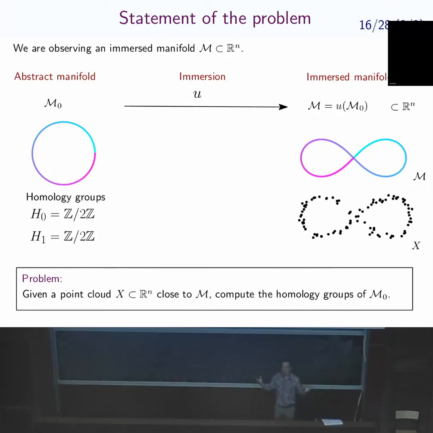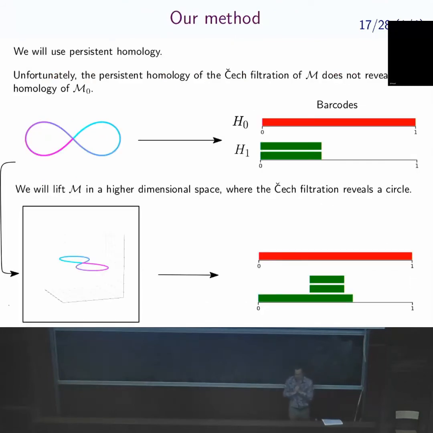So we will use persistent homology, of course. But if we were to apply the Čech filtration to the immersion, we will not get the homology of the abstract manifold. We will get the homology, of course, of the image, which is different in this case.